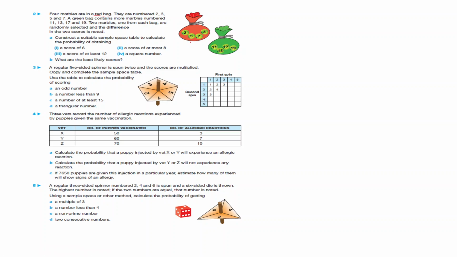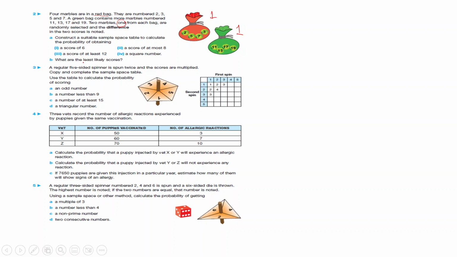So the red bag has 2, 3, 5 and 7, and the green bag has 11, 13, 17 and 19. You take two marbles, one from the red bag and one from the green bag, and the difference in the two scores is noted. Construct a suitable sample space table to calculate the probability of obtaining a score of 6.